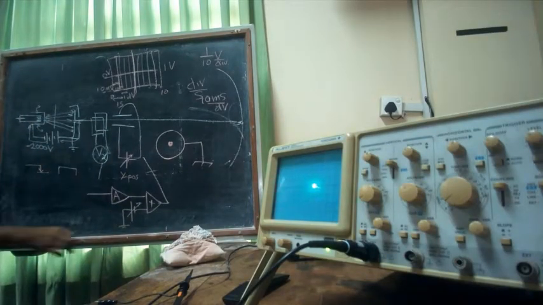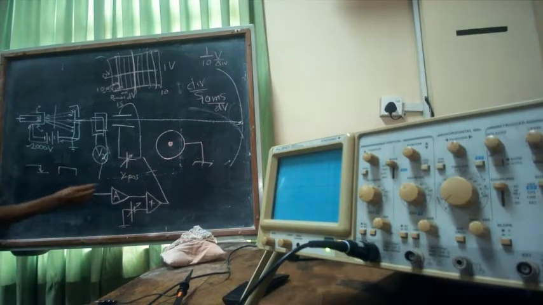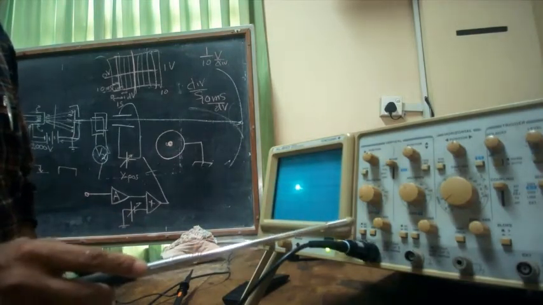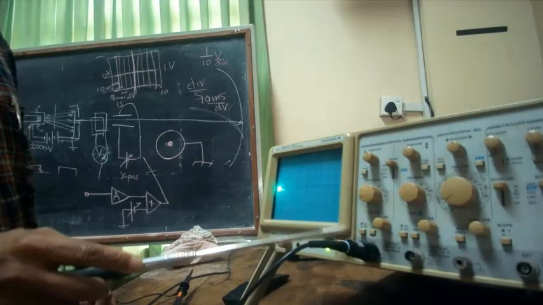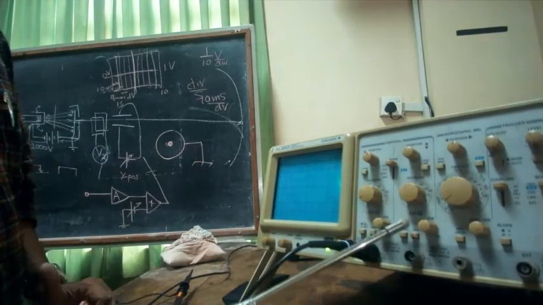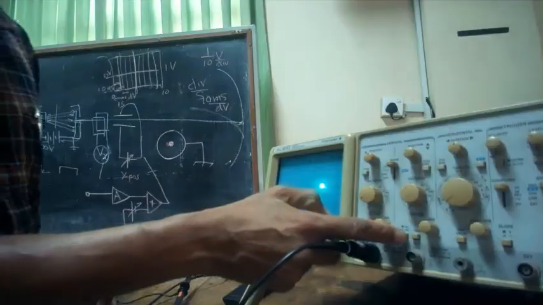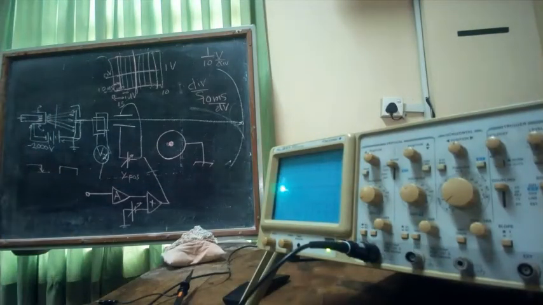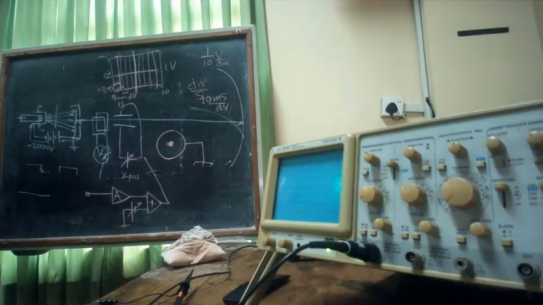So that's basically what happens here, and this is then that point. Depending on your choice here, you have AC, DC and ground. These buttons, if you put it in, it's DC. That's DC coupled.